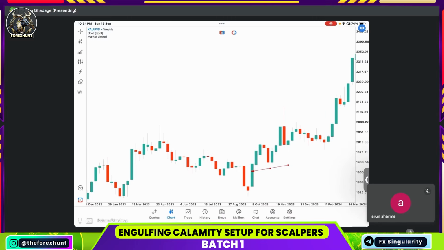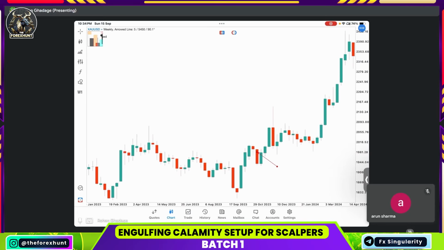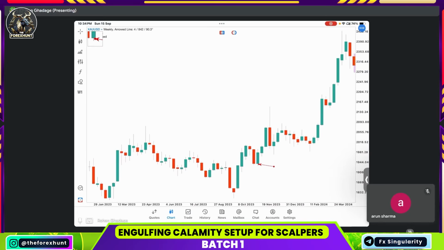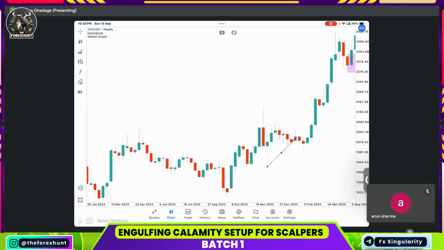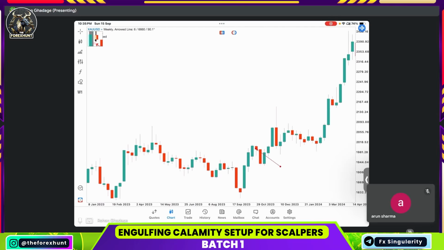The whole thing is direction: fail, retest, buy; sell, fail, retest, buy. No sell. Here the market formed a sell, failed, because we have A, B, C. So these are the things we will cover in the coming classes. Just simply focus on this: until the sell fails, you cannot look for buy. This is the main thing.